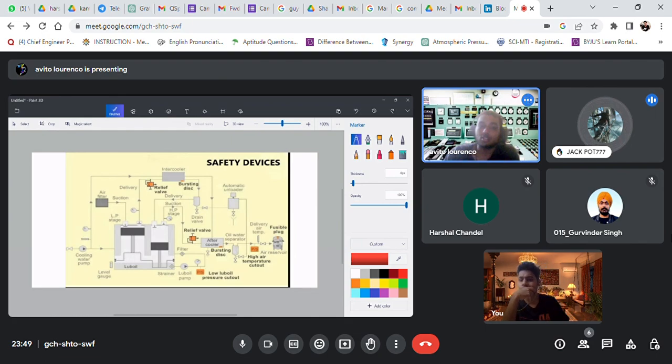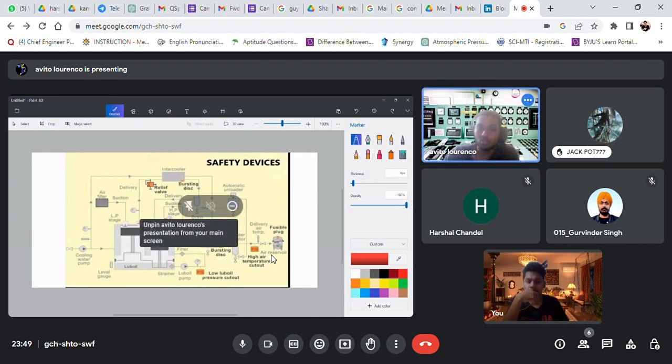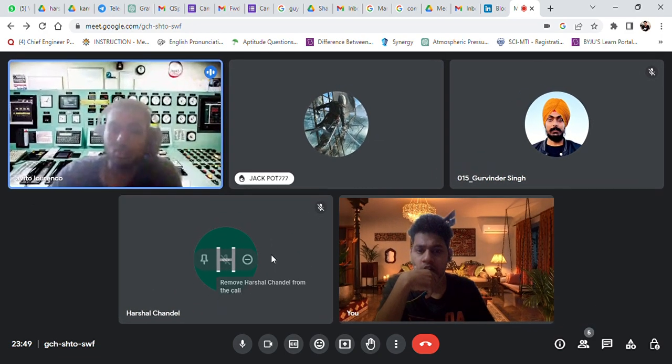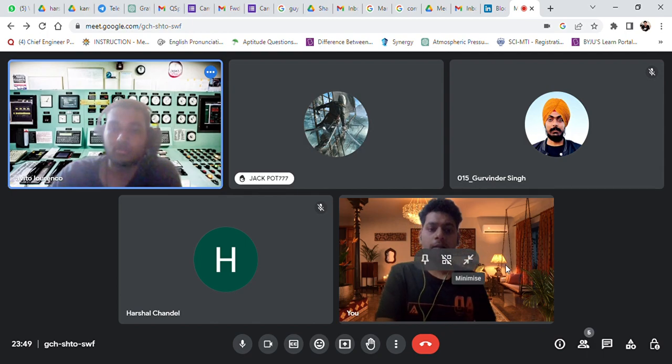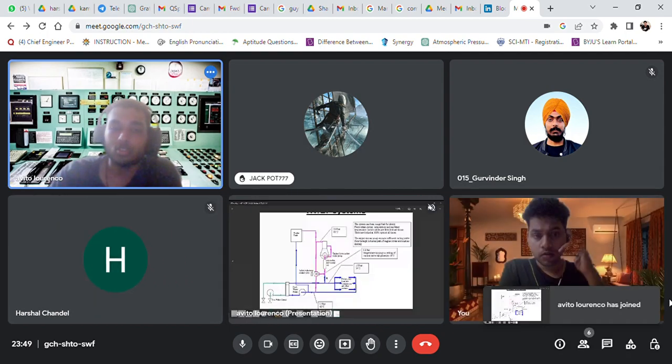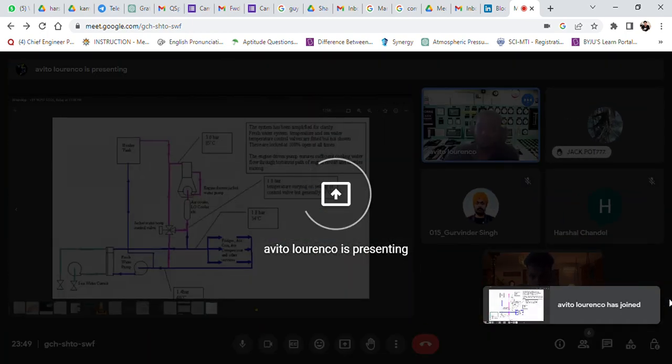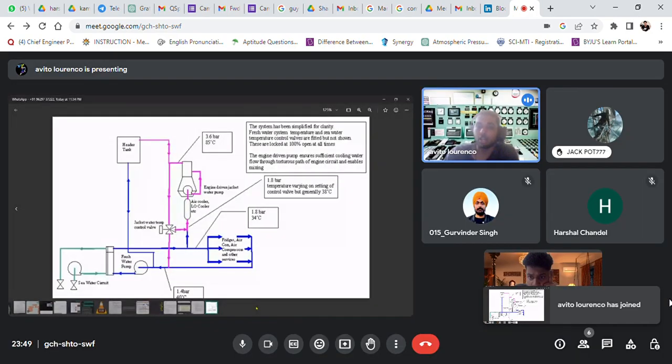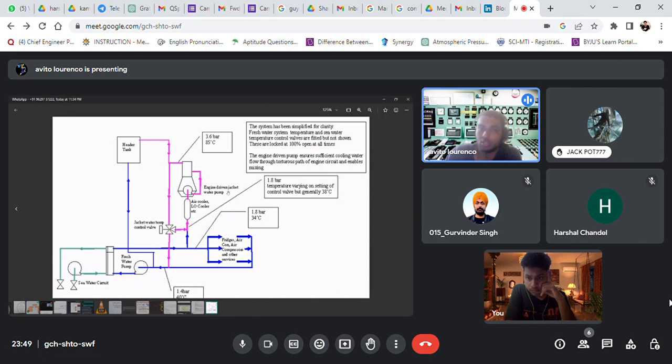Okay, I'll share the screen of your image. Here we have the super hot high temperature water coming mainly from the engine jacket water area.